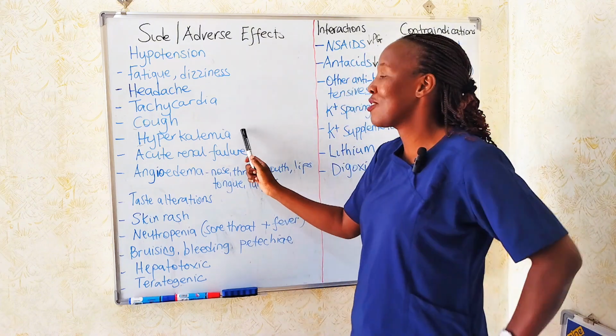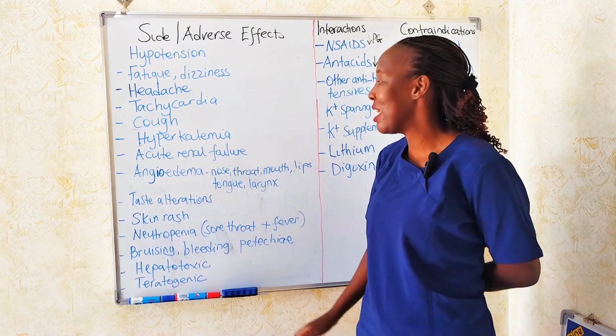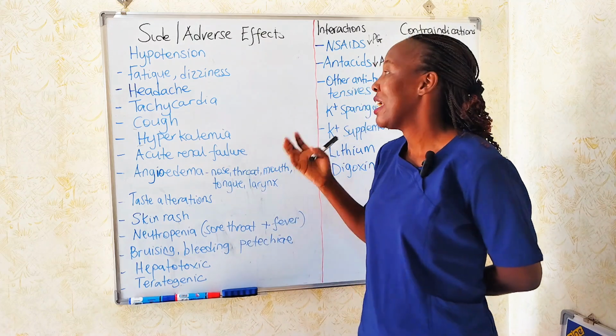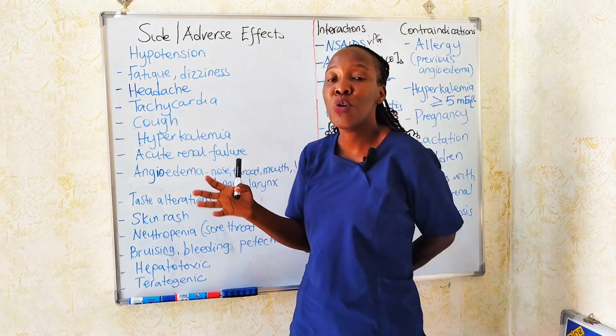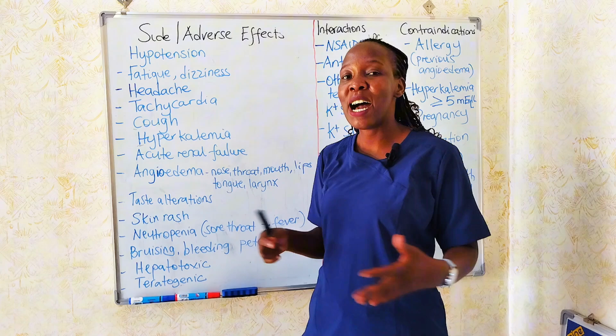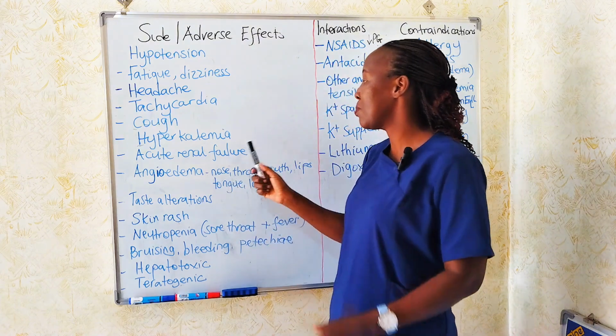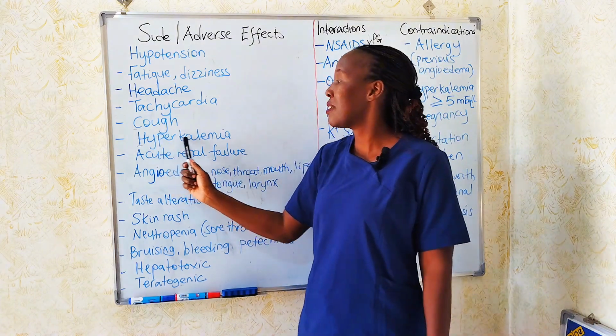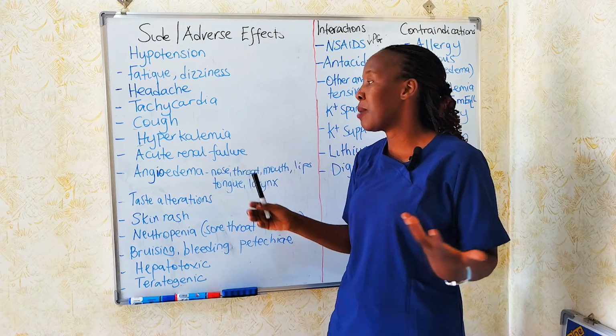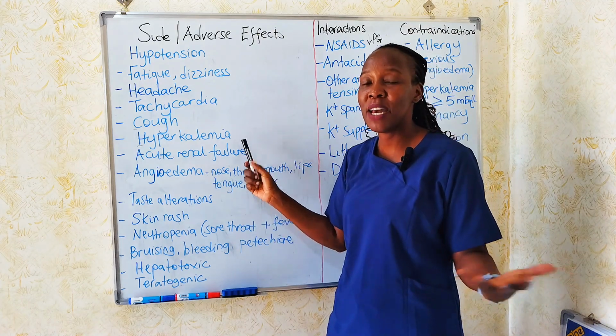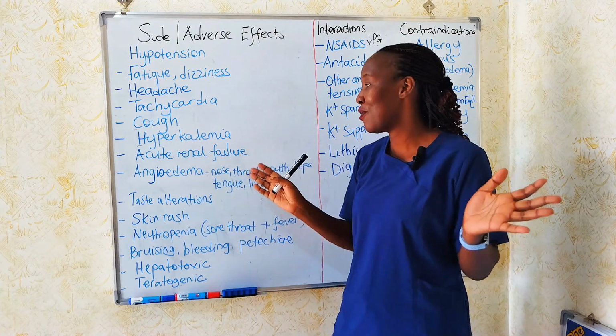Then, of course, these drugs cause hyperkalemia. Like we've seen, if you don't have angiotensin 2, we will not have aldosterone, and a lack of aldosterone is going to mean that we retain potassium in the body while losing sodium and water. So hyperkalemia, very common thing for the NCLEX.